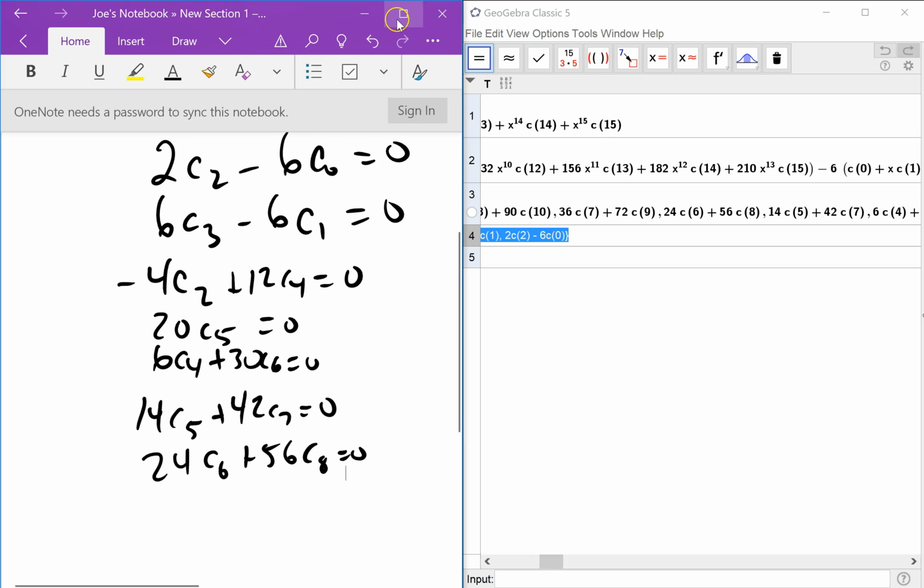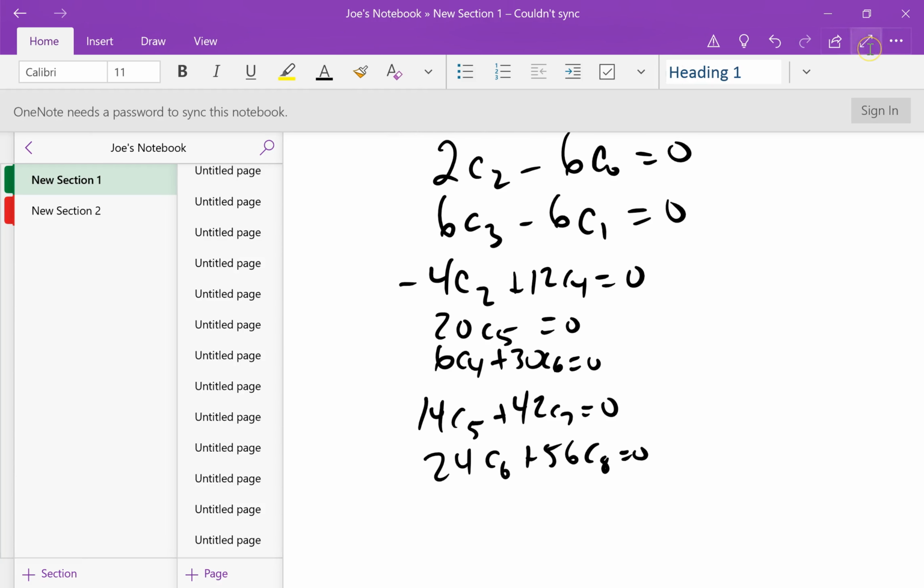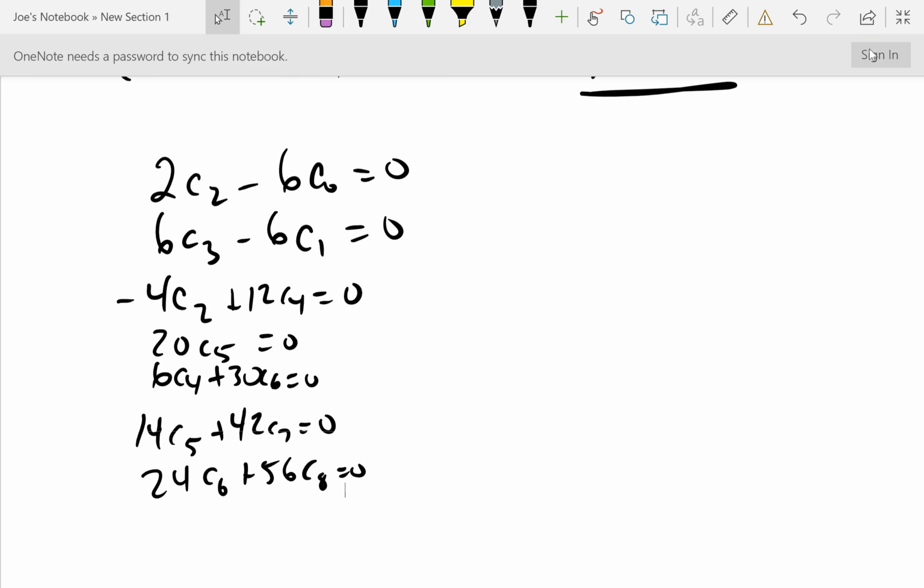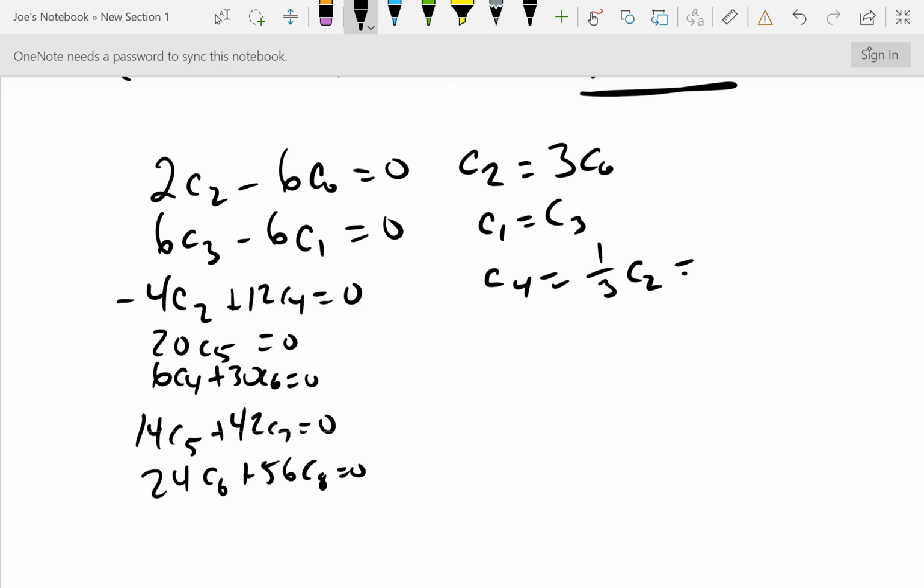All right, let's maximize this back out. So this first one tells us that C2 has to be 3C0. This one tells us that C1 and C3 are equal. This one tells us that C4 is 1/3 of C2, which means that's C0.